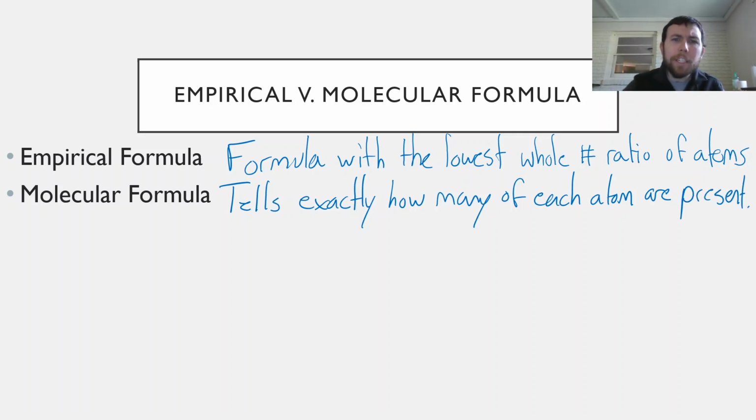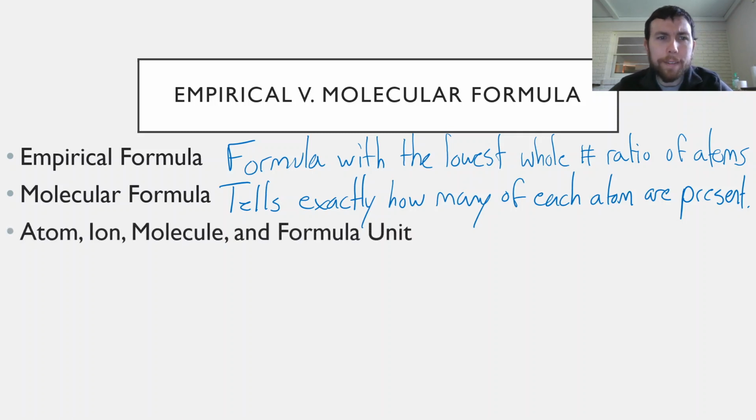And your molecular formula is always going to be some whole number multiple of that empirical formula. So you should be able to reduce or simplify a molecular formula to get to an empirical formula, which is generally pretty straightforward and easy for us to do, right?